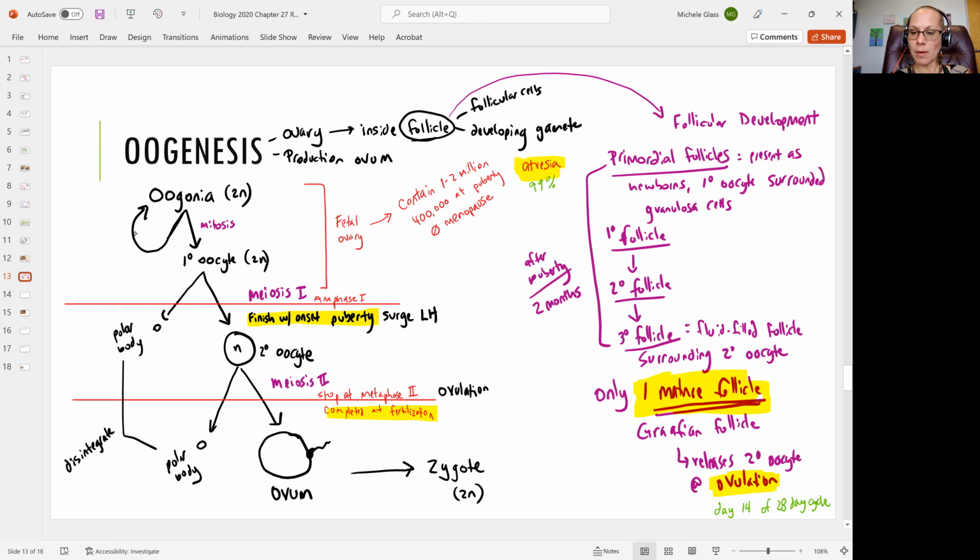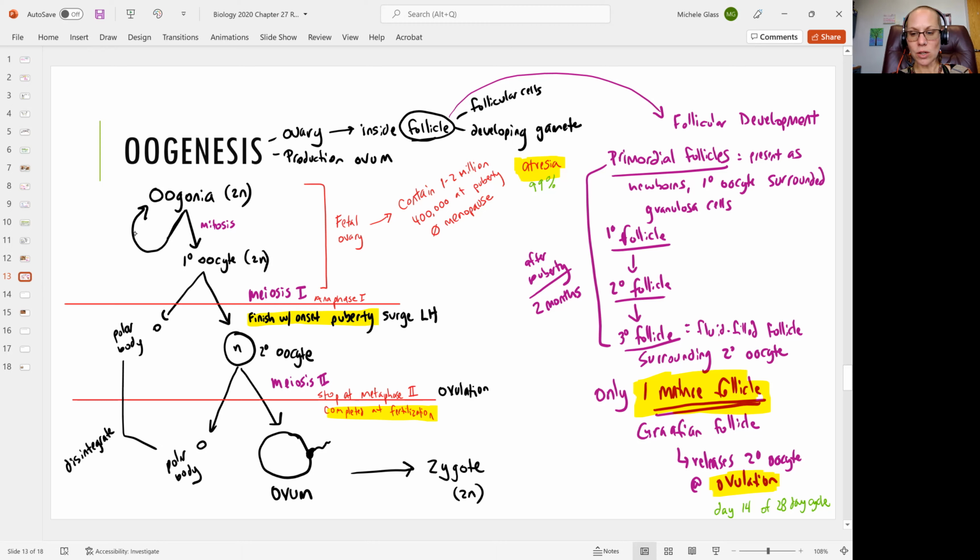When your ovulation is occurring, that means there's like one winner to the race, and anyone else who was a tertiary follicle doesn't make it. So those are going to be those follicles that are not making it.